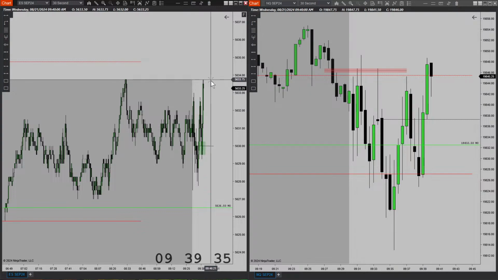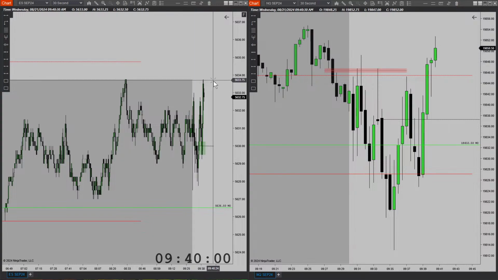So I'm going to put my sell order up here. As soon as it gets above there, I'll put my sell order at, wait, why isn't it? Oh, there it is. Okay. So I'm going to put my sell order there. Come on, draw higher. There we go. All right, so I just need this one to come up here.